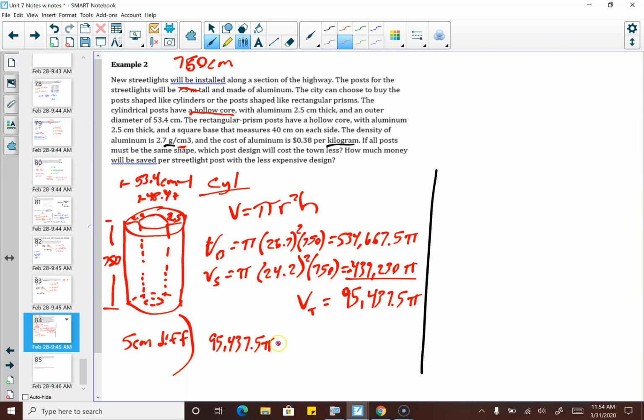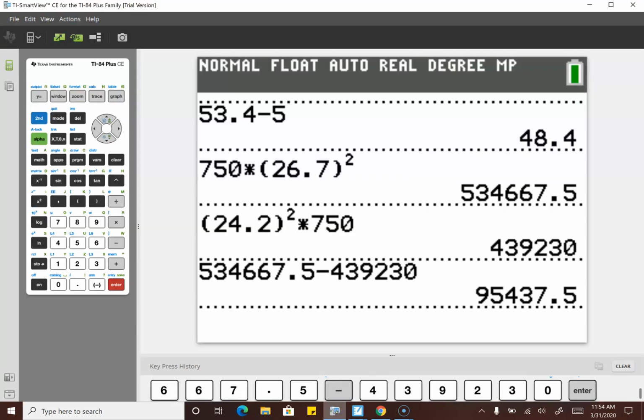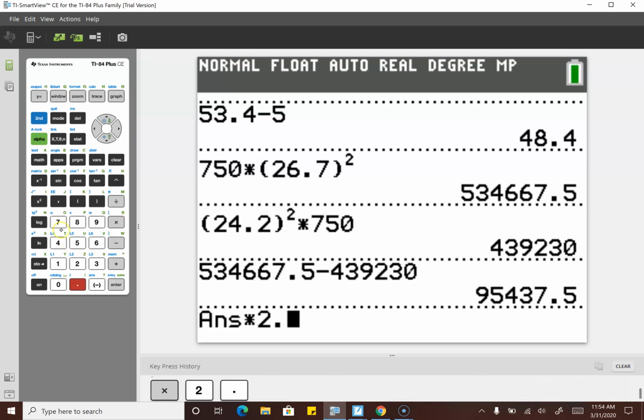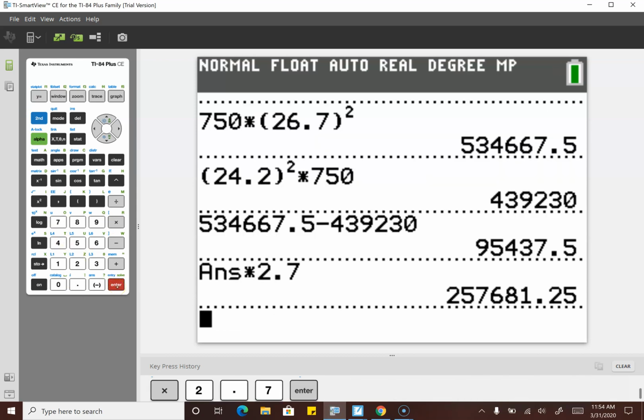So we're going to multiply that by our density to find our weight in grams. So when we multiply that by the 2.7, and again, we're going to have to keep track of things a little bit in our decimal form here. So 2.7, and we can keep things in terms of pi if we would like. So let's do that. So when we get 257,681.25.